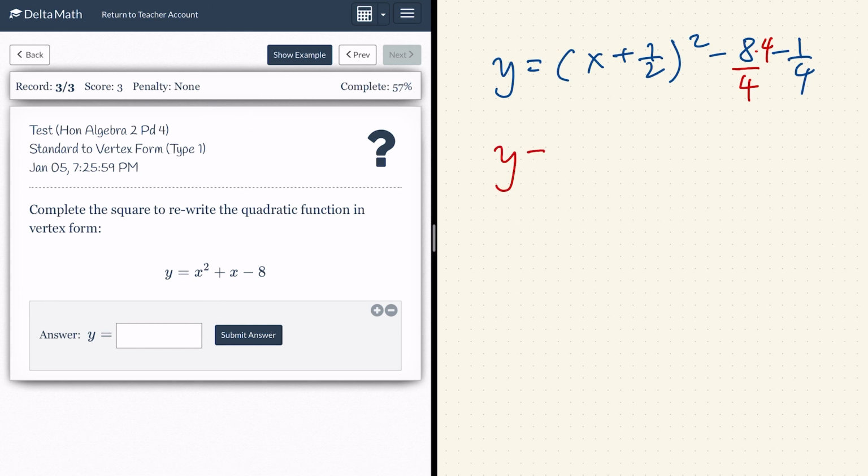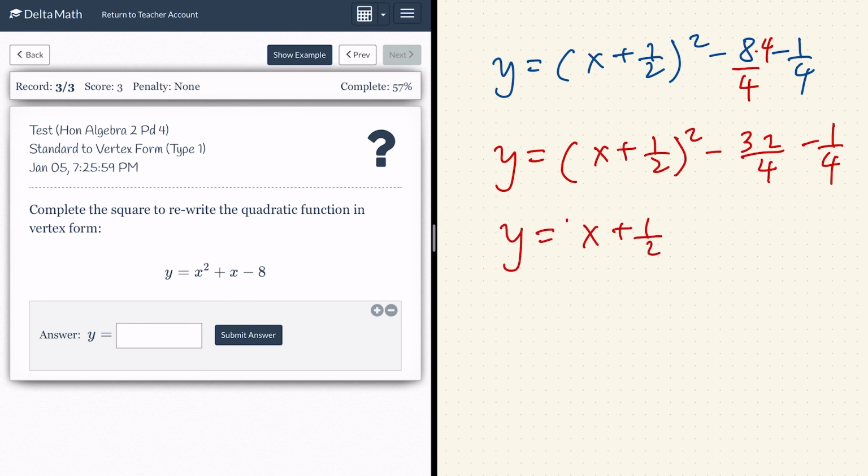So we have x plus 1 over 2 squared minus 8 times 4 is 32. Because they have a common denominator, we can just combine the numerators. So y is equivalent to x plus 1 over 2 squared minus 33 over 4.